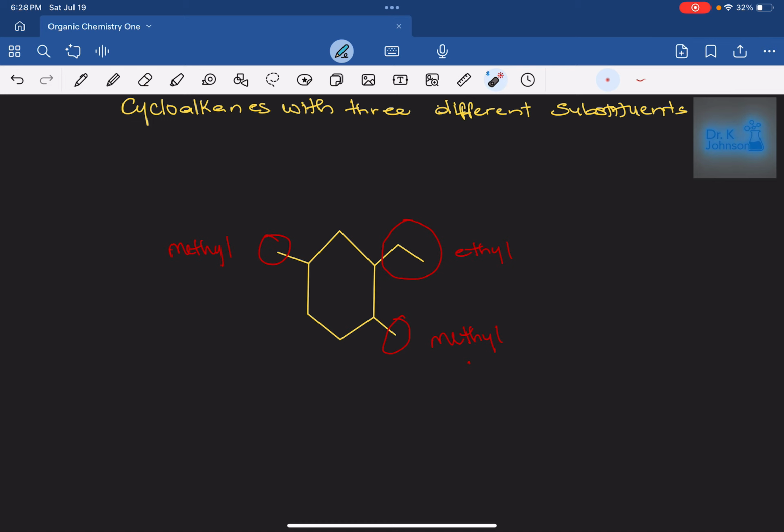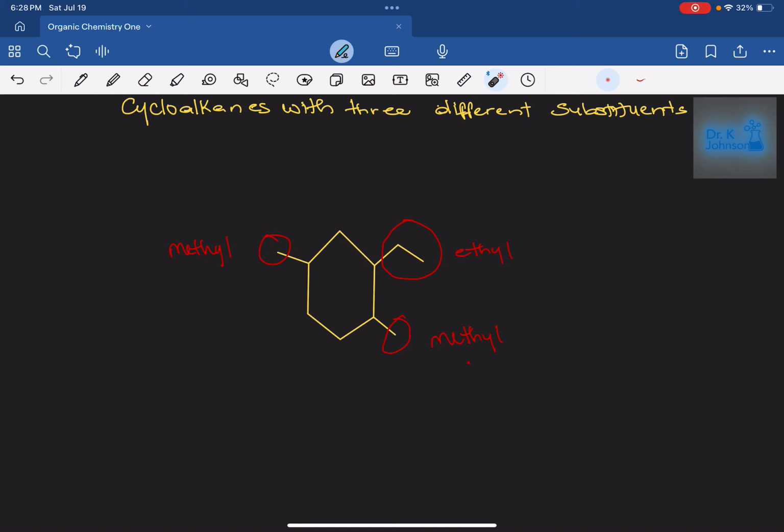Start your 1, 2 here, and you will get the lowest set of numbers. That's if you have 2 substituents on neighboring carbons.